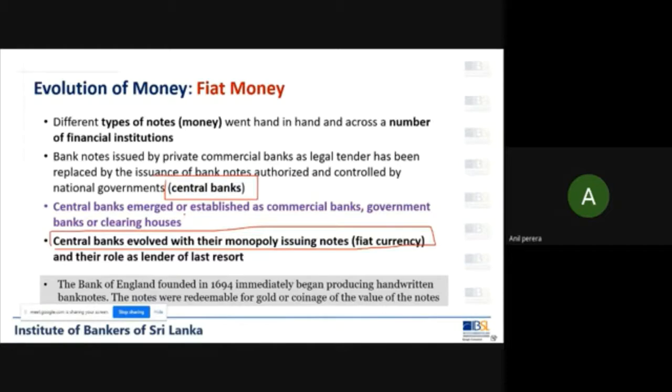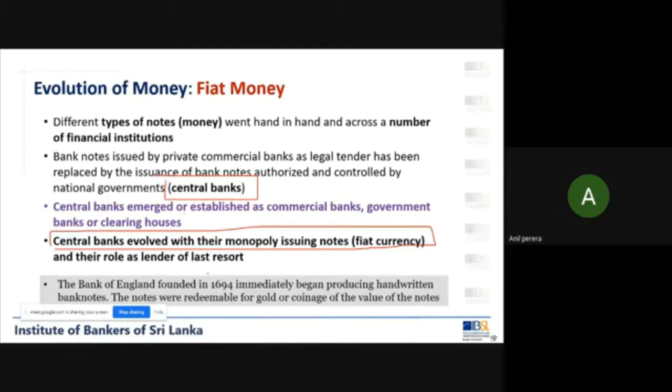All other private issuers were not permitted to issue currencies anymore. Government took the control because it's a very profitable business as well. Why was it profitable? Government can issue any amount of notes to facilitate their actions.